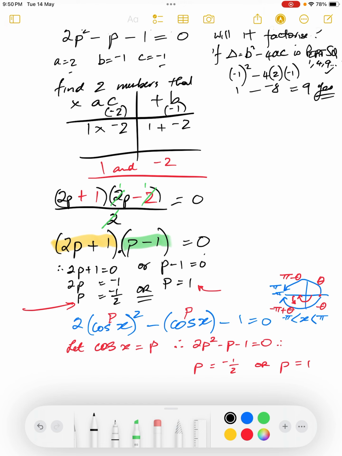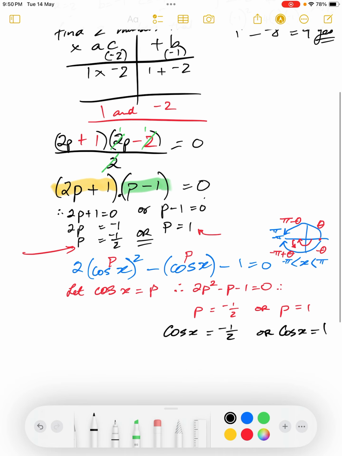Remember, P is cos x. So put cos x equals negative a half, or cos x equals 1. Well, let's look at the negative a half first. And you would have learnt ASTC. These are the quadrants where they're positive. They're all positive in quadrant 1.